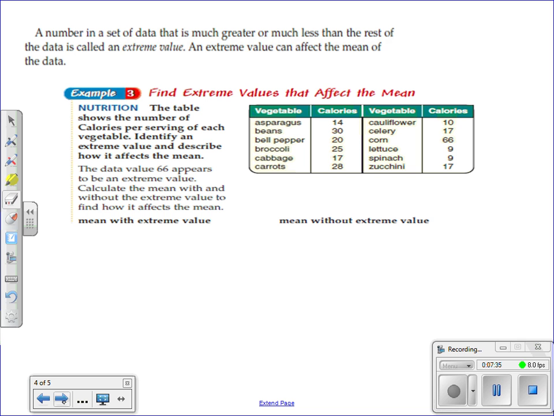Remember that a set of data can be distorted by an extreme value. One of the pieces of data in your set may not be like any of the others. It may be way out there. And that will affect your average. Can you imagine if you were on a basketball team?